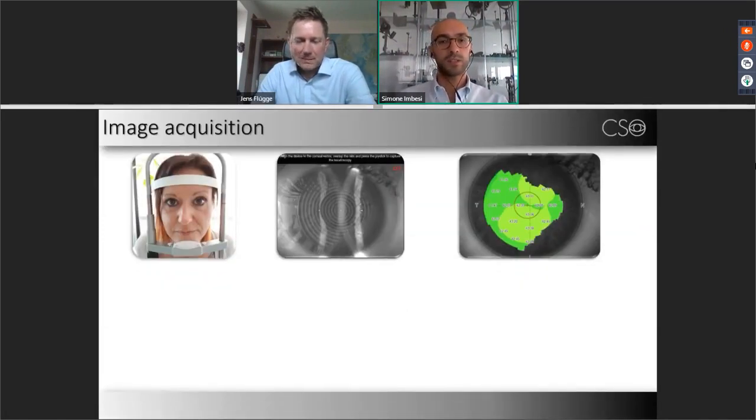Another important thing that you have to pay attention to is the coverage of the placido disc, so the area that is covered by the reflection of the placido disc.